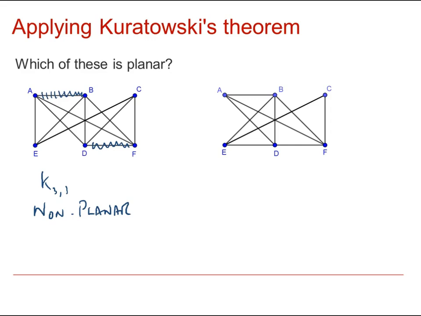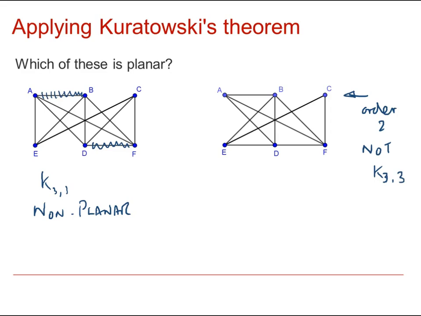So moving across to the right, again it looks like it might have K3,3 in there, but if we check C, this is order 2, so therefore it's not possible that it's K3,3. Then we need to check for K5.